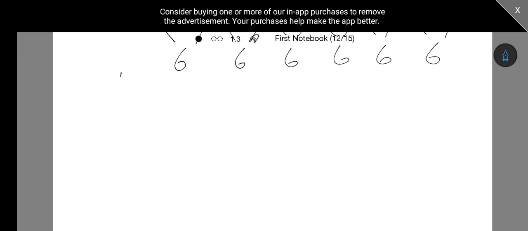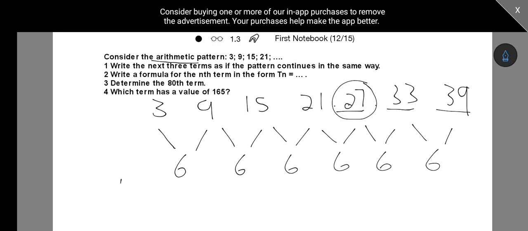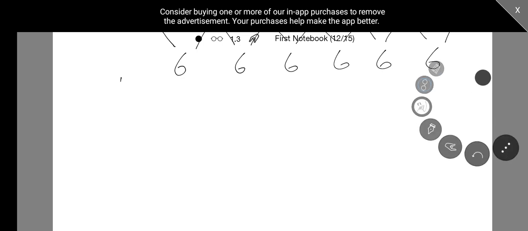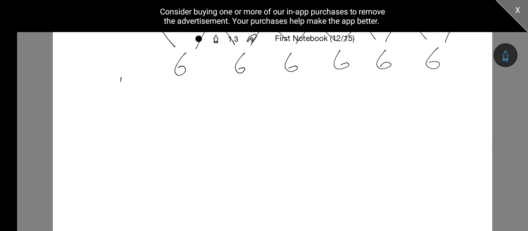So now, what is the term number after 21? That is term number 5. I'm sorry. So now we're going to write what we have learned. We have said that T5 is equal to A plus 4D. That is in the previous videos.